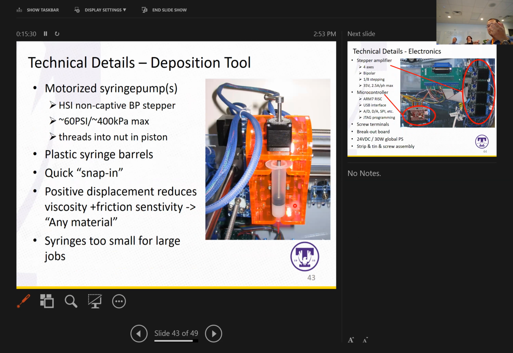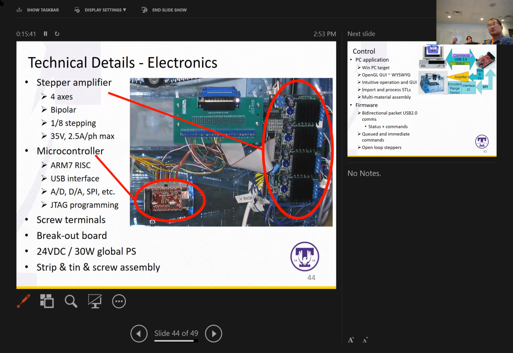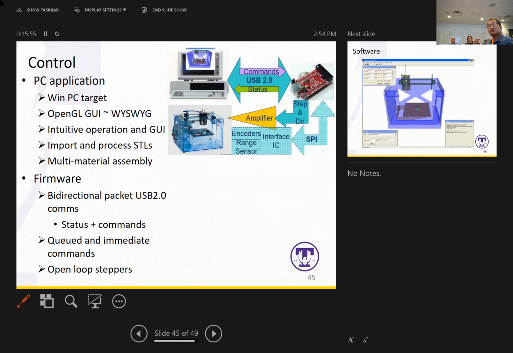And that could be useful for personal users other than industry level applications. And you can also see the electronics are quite simple, with easy to program microcontrollers and a very simple setup to ease the effort for the user to build it.